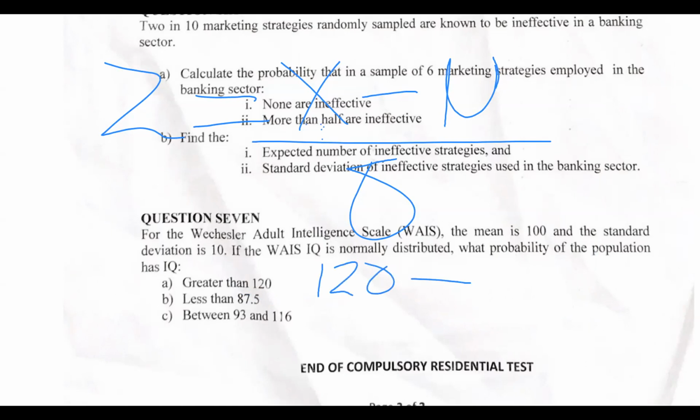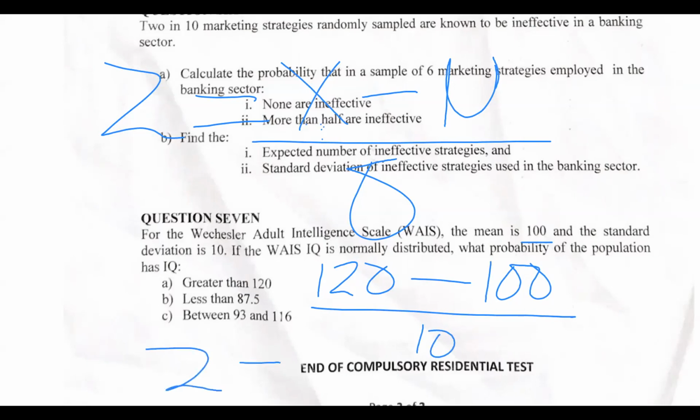The mean from the population is 100, over the standard deviation, which is 10. So what is the z value? Yes, 2. The z value is basically 2.